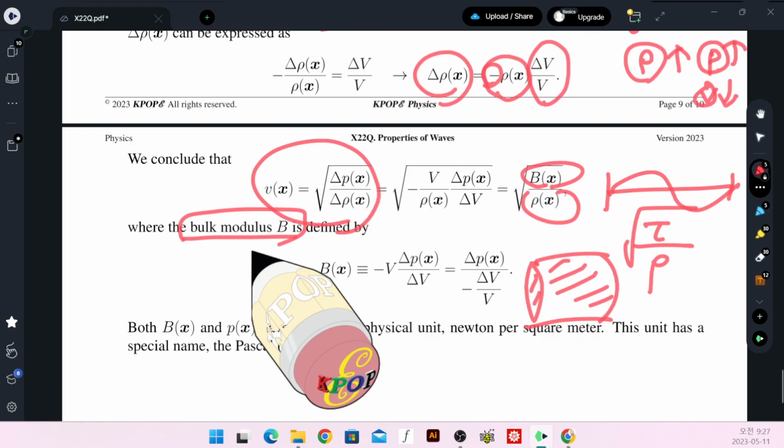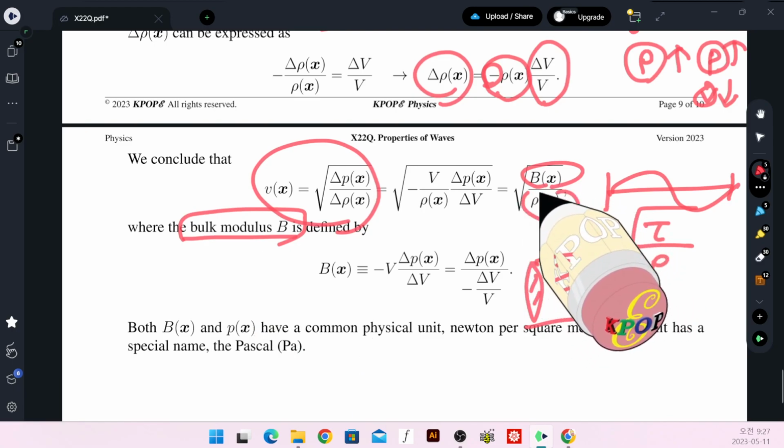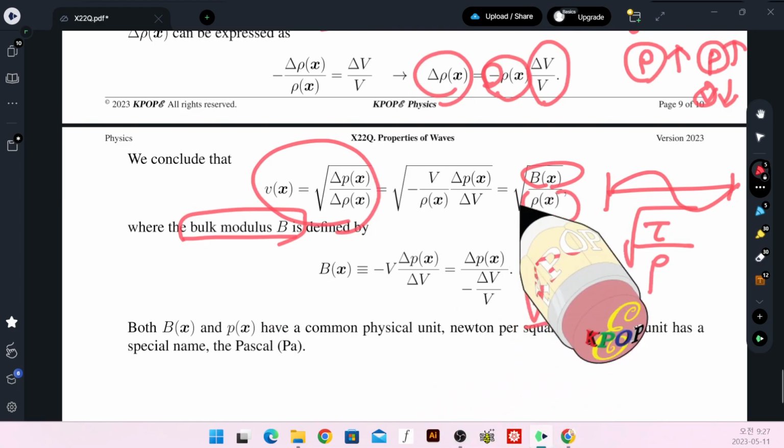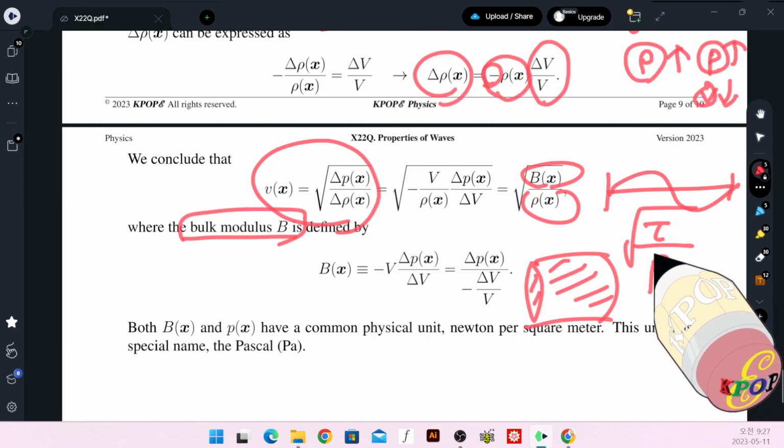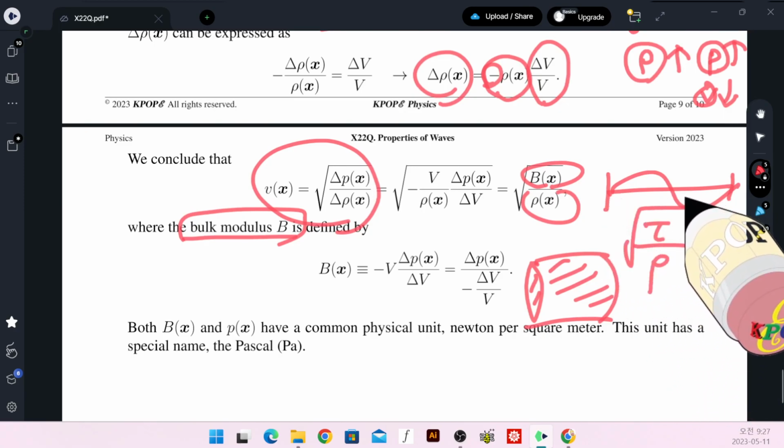Okay, by the way, this rho is the mass per unit volume, and in the string case, this is a mass per unit length. That's it for today. Thank you.